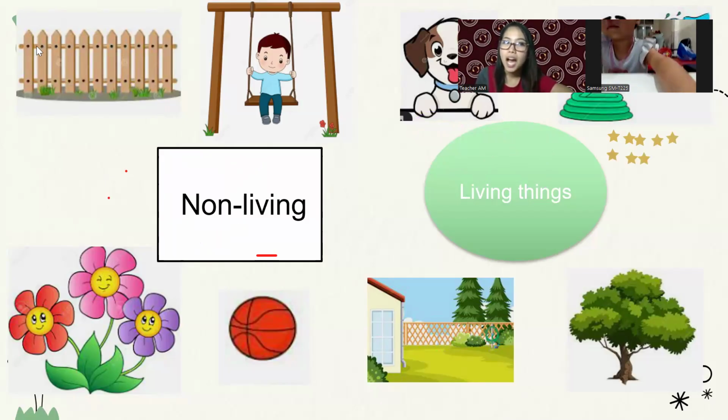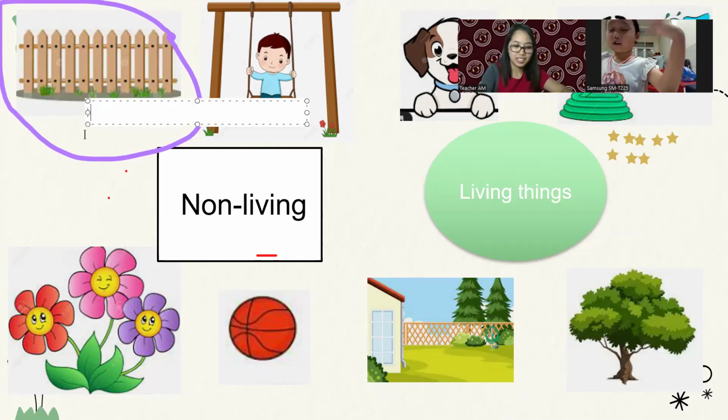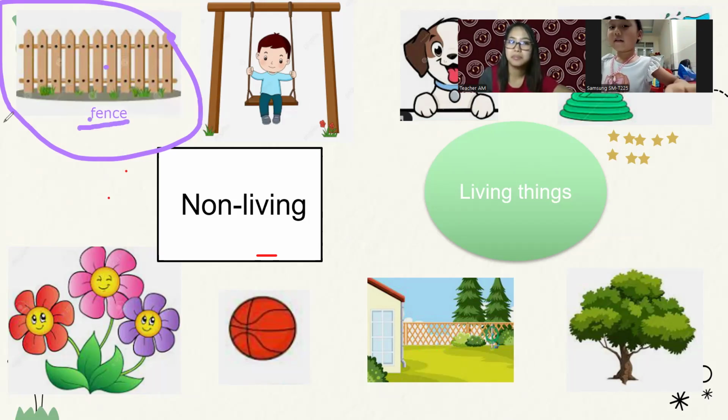Now, Amy, I want you to take a look at this one. What is it called? It's called the flower, and this is a sort of flower. This is fence.